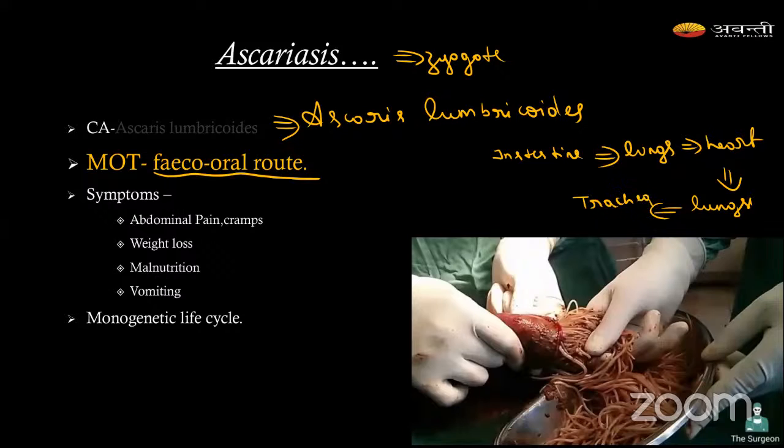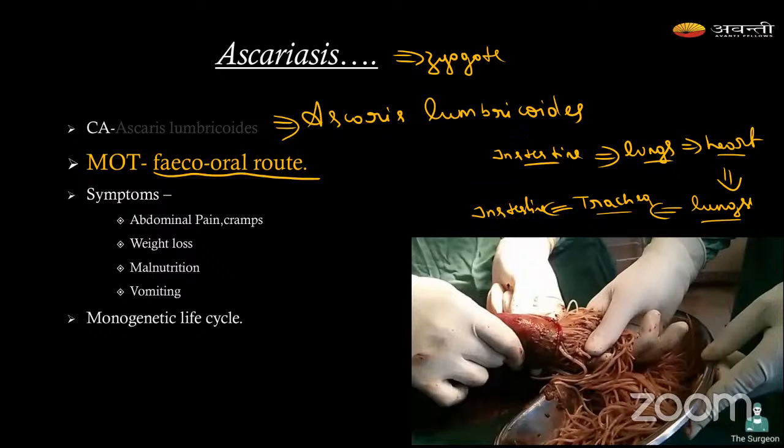In all these organs it multiplies and changes its development, its life stage. The stages differ in the intestine, the lungs, the heart, and again in the trachea. When it enters the trachea, it again enters the intestine.